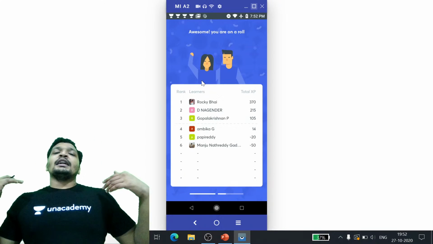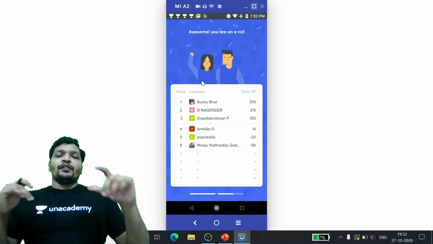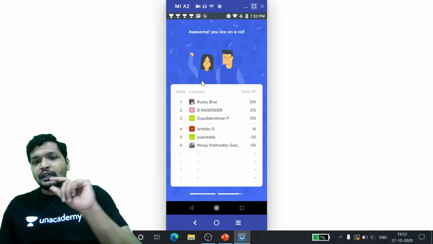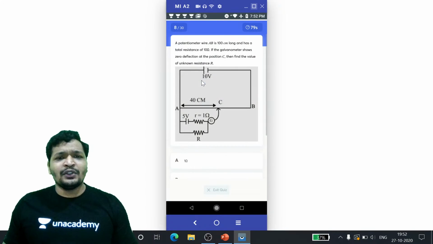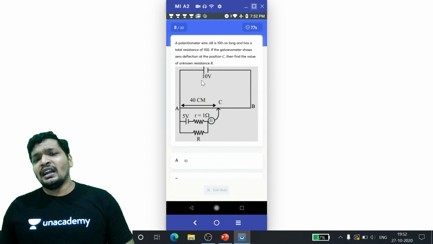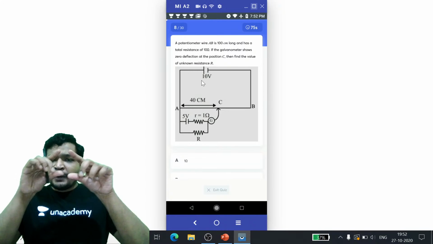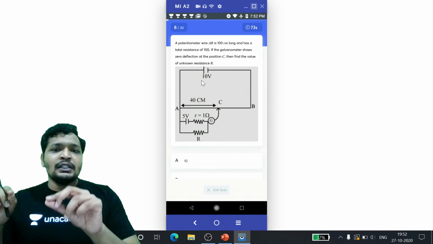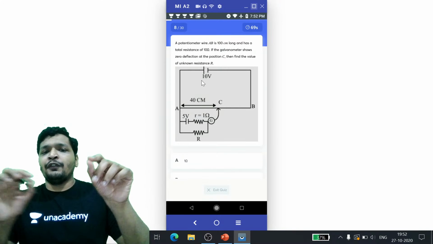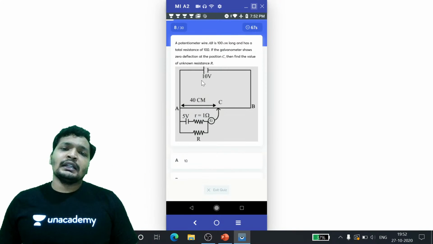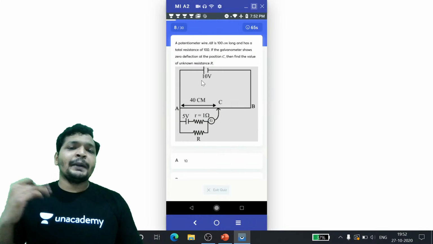Anyway, how would you move about that question? Take some current as I, don't do the entire thing. Between those two resistances and between these two resistances, there were two resistances in parallel, two resistances in parallel, right? Current I would flow and get divided depending upon the resistances.